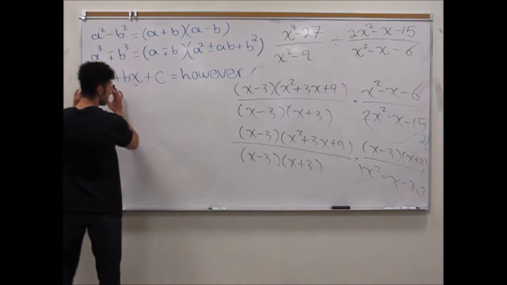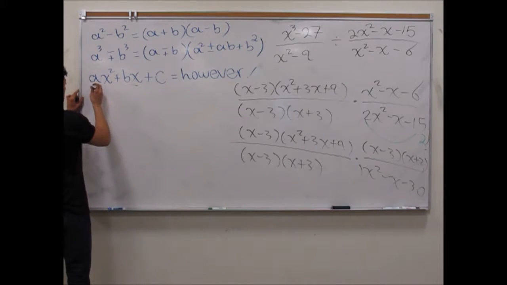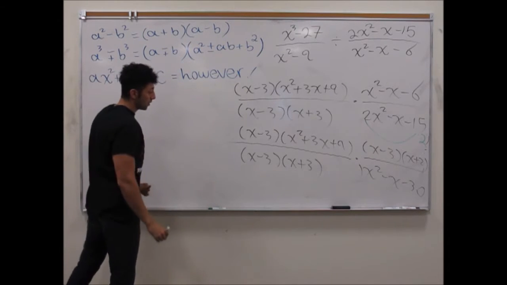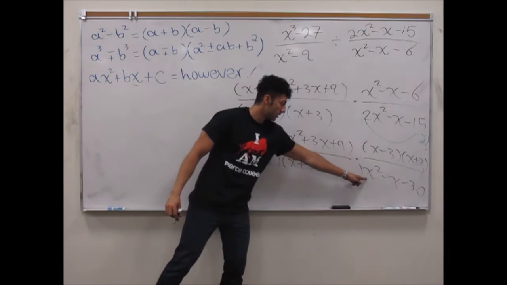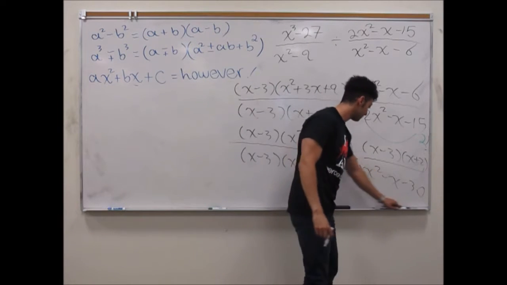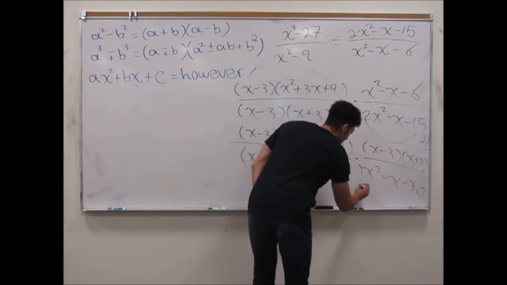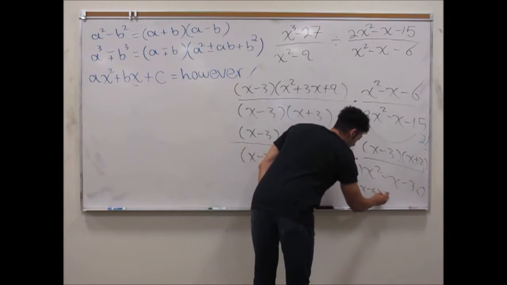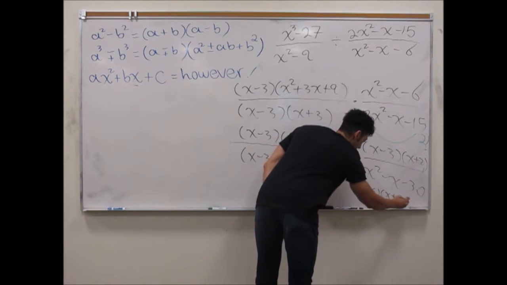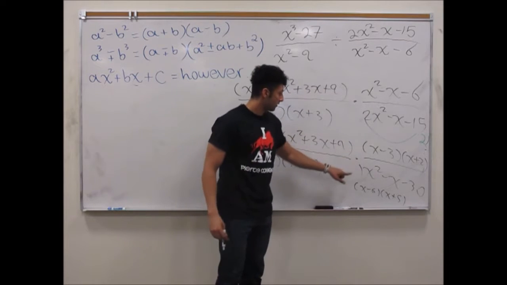Coming off over here, I don't know if it's worth writing all that out, so let me just factor this. That's like a 6 and a 5. This guy right here, so it'll be like x minus 6, x plus 5. That's how that guy will factor.